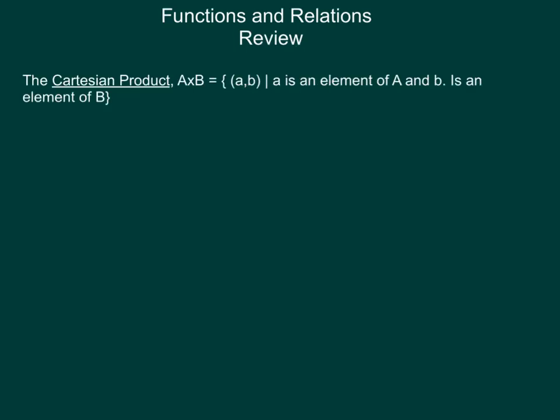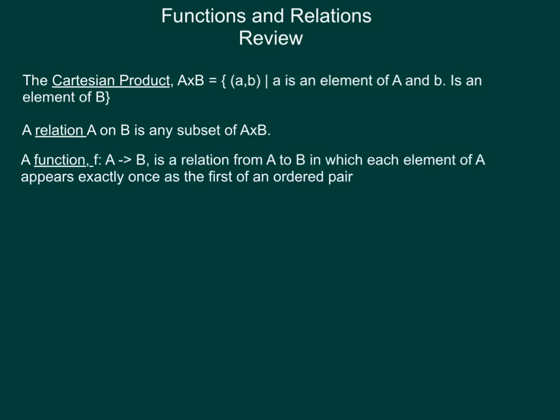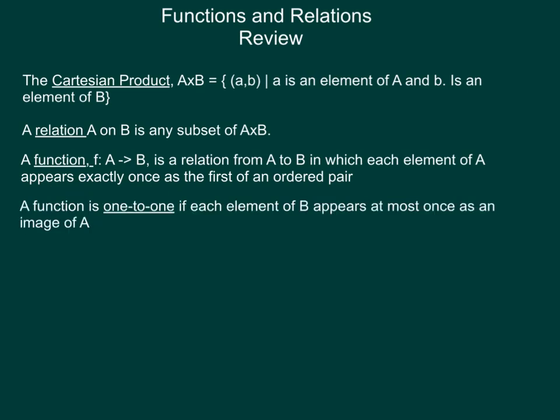First, a quick review. The Cartesian product, A cross B, is equal to the ordered pairs (a, b), where a is an element of the set A and b is an element of the set B. A relation, A on B, is any subset of A cross B. A function is a special type of relation from A to B in which each element of A appears exactly once as the first of an ordered pair.